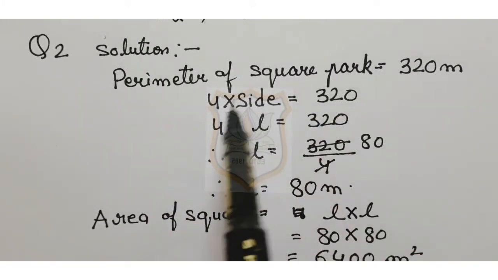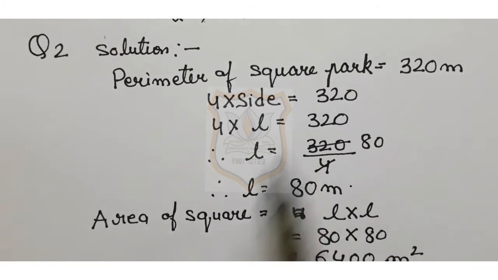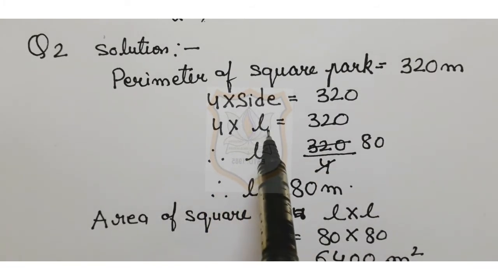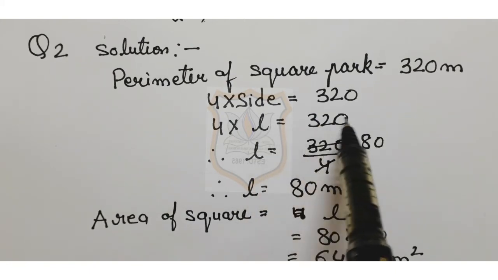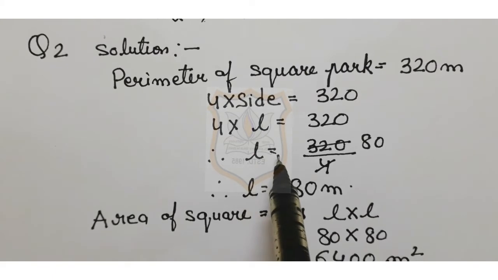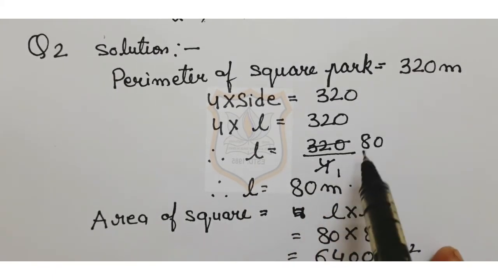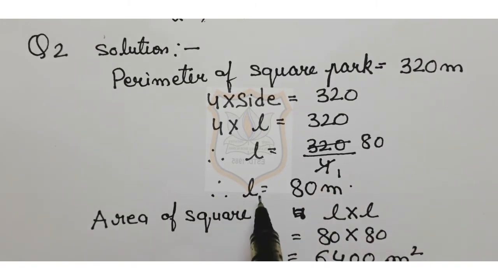Suppose the side of the square park is L, then 4L is equal to 320. Therefore, L is equal to 320 upon 4. 4 times 80 is equal to 320. Therefore, L, the length of the square park, is equal to 80 meter.